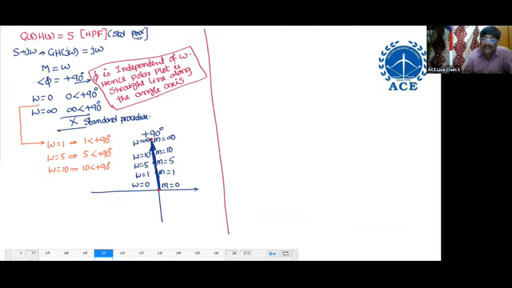So one more conclusion: whenever the transfer function does not consist of any finite pole or finite zero, the polar plot is nothing but a straight line along the angle axis.